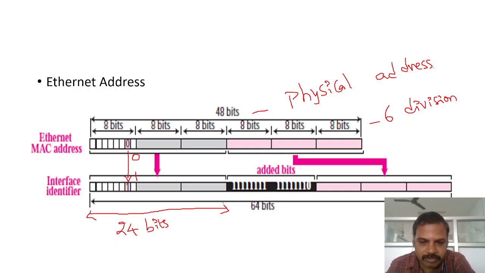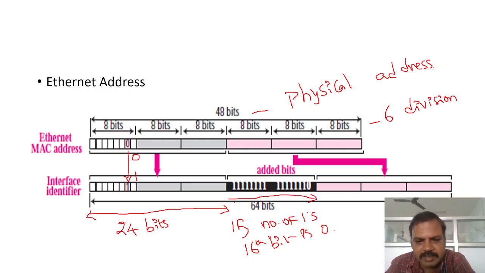Then after 24 bits, we have to add 15 ones. Then the 16th bit is 0. This is what we are adding.